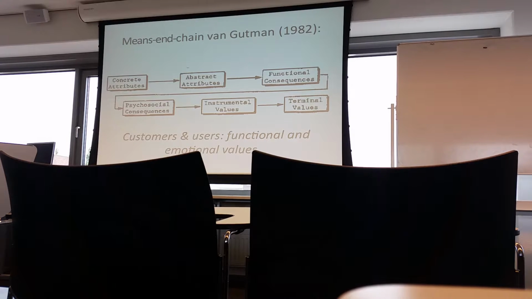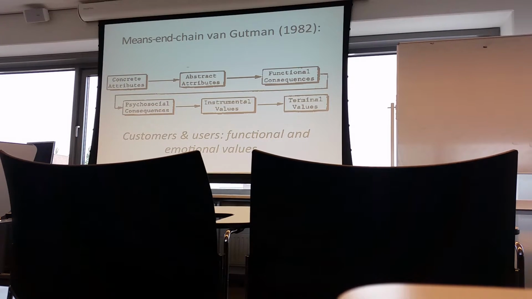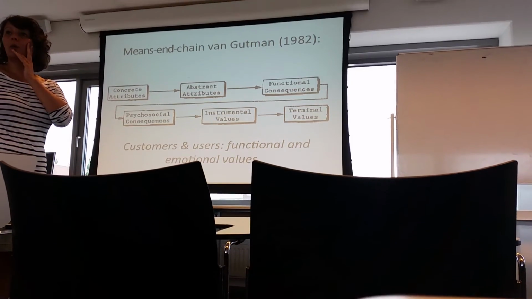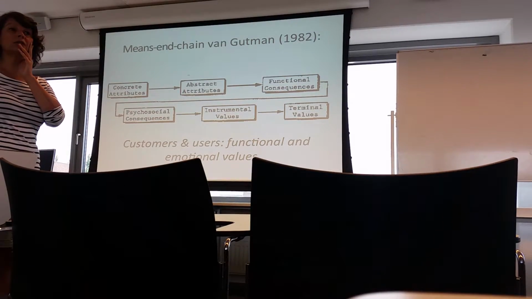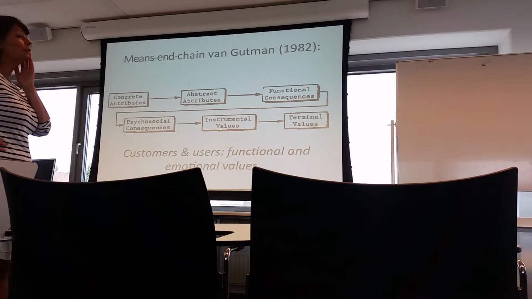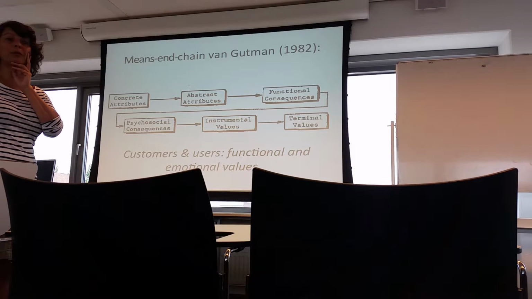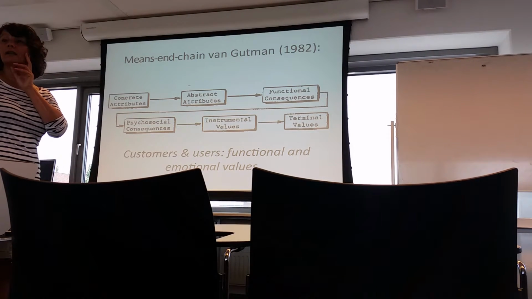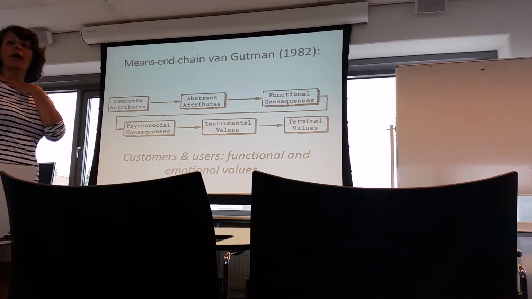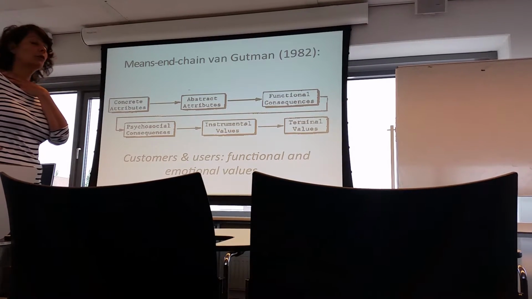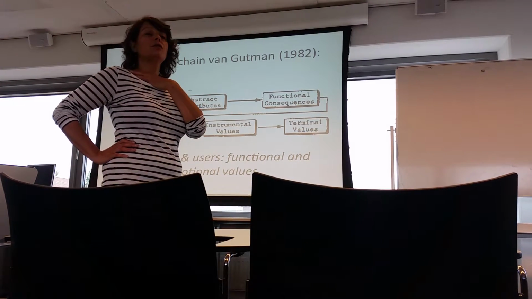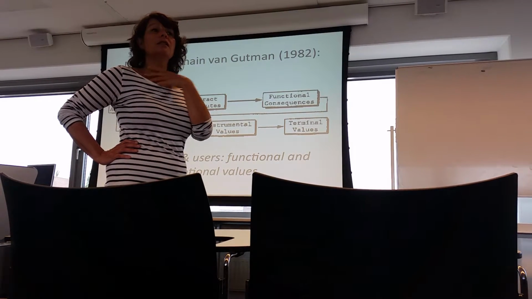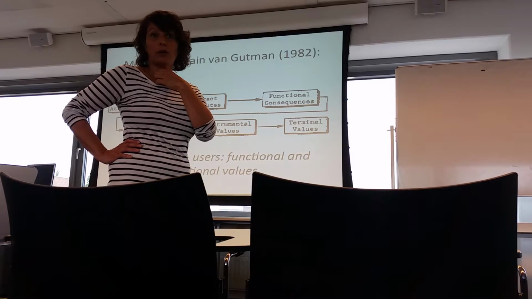Also important to know is the means-end chain of Goodman, because it explains a lot about why consumers buy certain products. And the bottom line of his theory is that consumers buy products to actually fulfill their end values, always. That is the theory of Goodman. So understanding the theory helps to understand why you always have to look at the underlying basic needs, at the end values, to understand how to position your products.